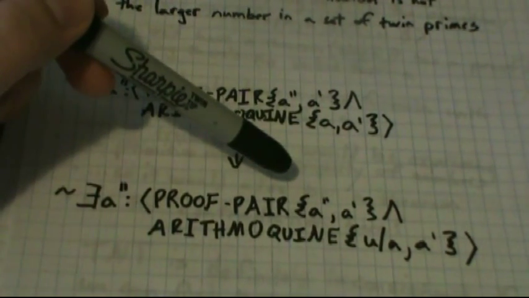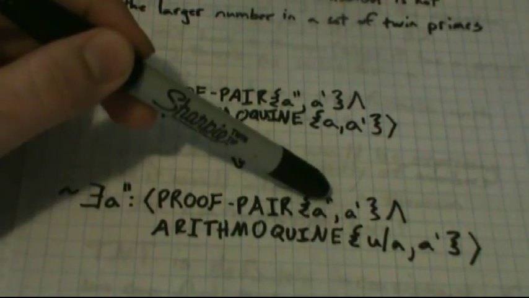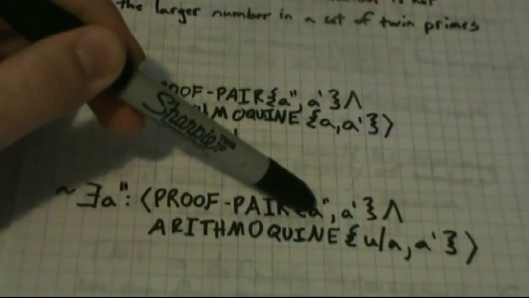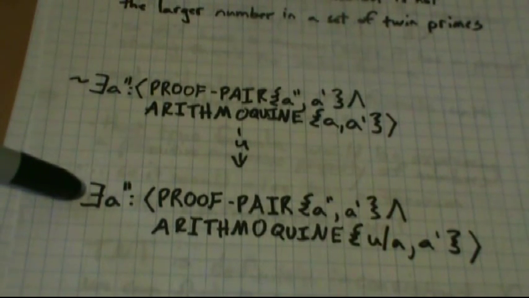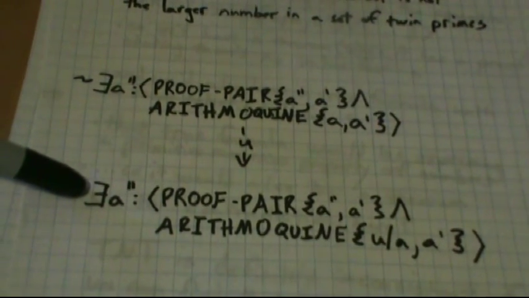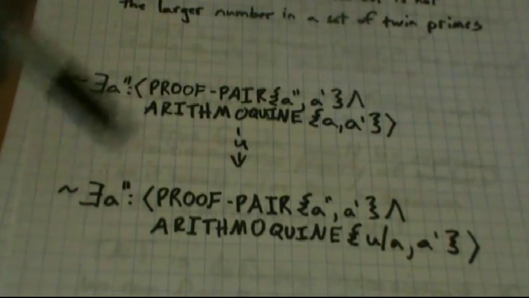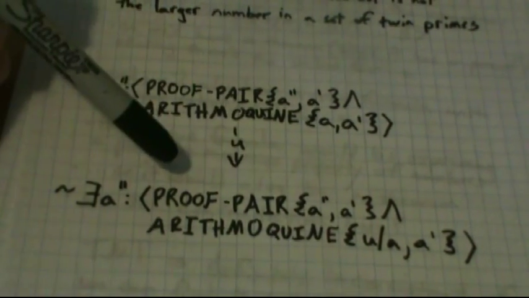If there is a proof, we could take that proof's Gödel number, put it in for a double prime, so we would have this statement without the tilde. There exists an a double prime because we found exactly what that a double prime is. And this statement would be a theorem. And since this statement is what we proved, anything with a proof is a theorem.